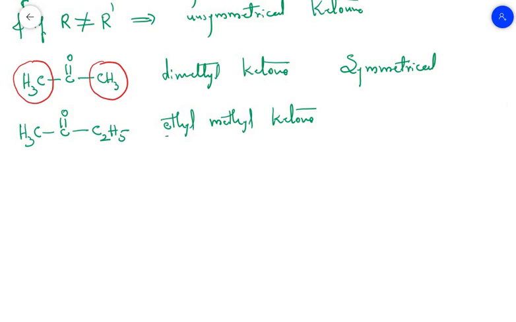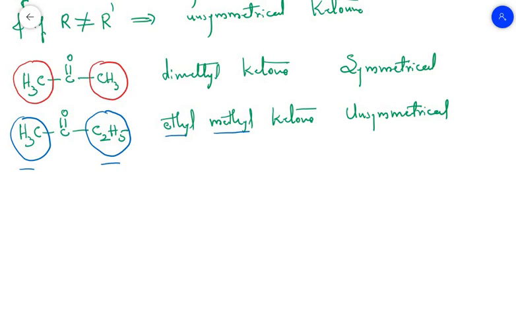I call it ethyl first, followed by methyl, because alphabetically E comes first. So the name of the compound is ethyl methyl ketone. But since this group and this group are not the same, we call this compound an unsymmetrical ketone.